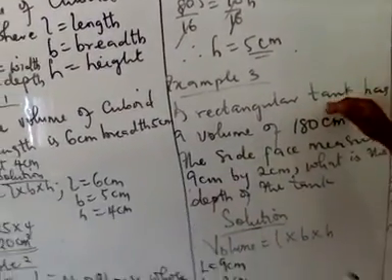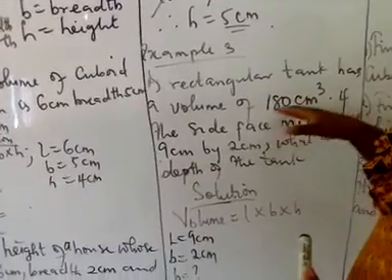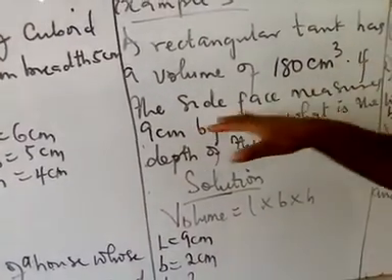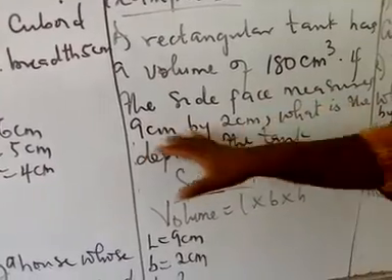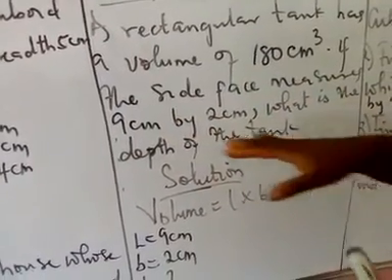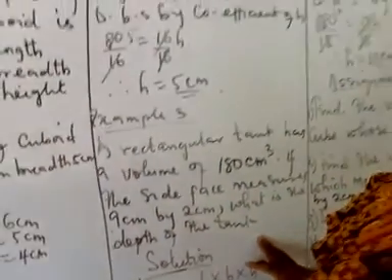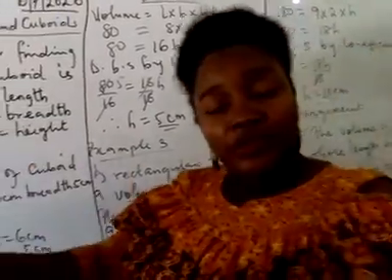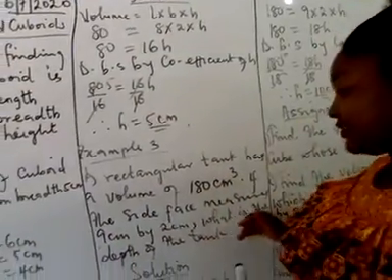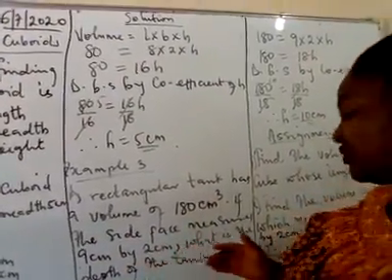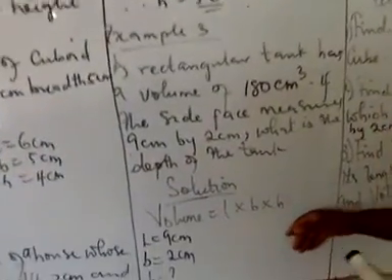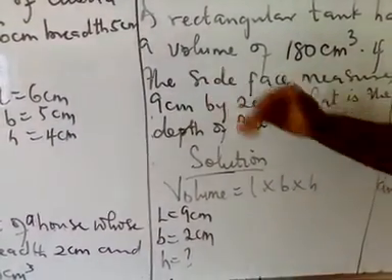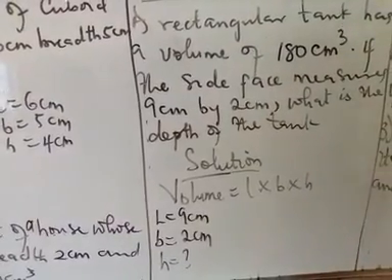Example 3. A rectangular tank has a volume of 180 centimeter cubed. If the side face measures 9 cm by 2 cm, what is the depth of the tank? We are given the volume. If one face of it measures this, we have to find the depth. What do you say? Length times breadth times height, or sometimes we say area of side face times depth.